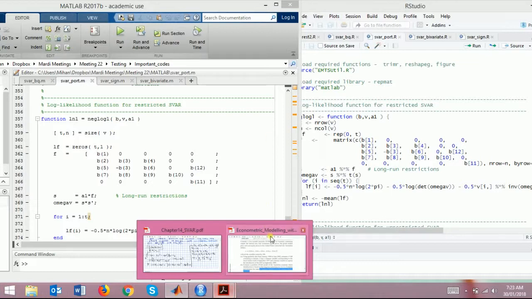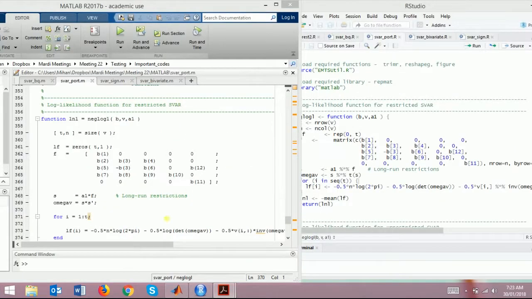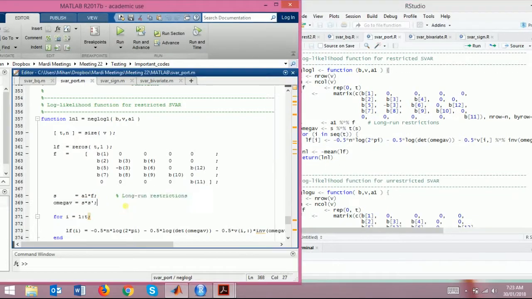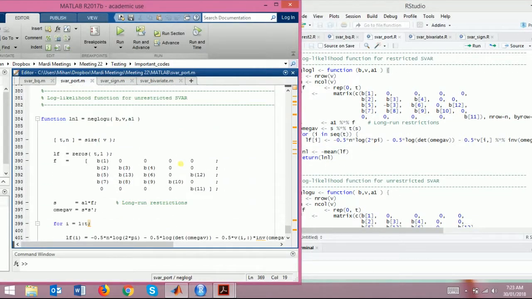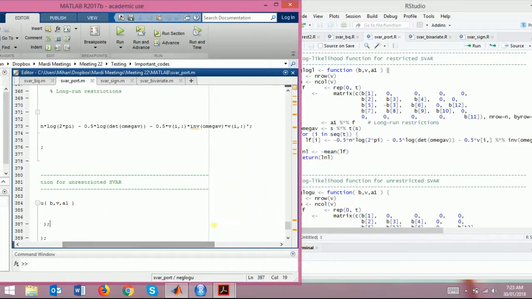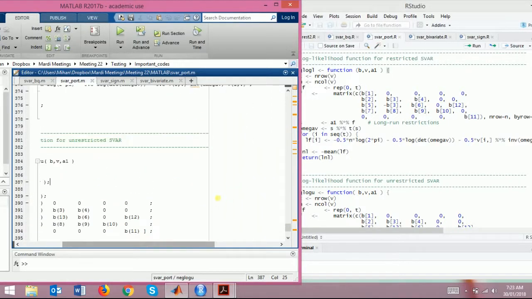Something must be restricted here. Oh sorry, long run restrictions. S is equal to a1f, that's what it is. Any other function for unrestricted? Zeros t1 long run restrictions. Okay, in terms of the function we'll have the difference.